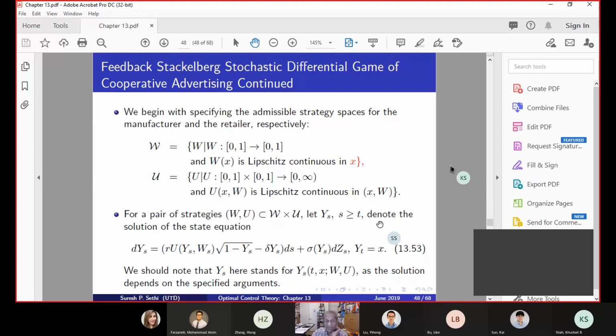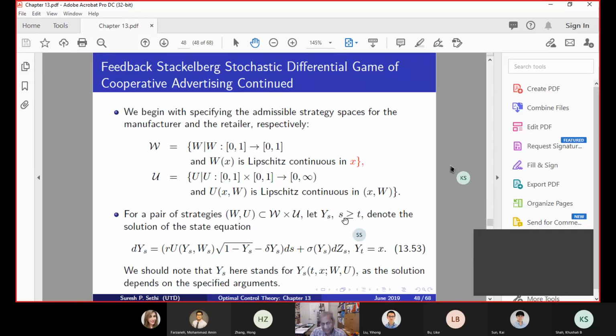Now we define a Stackelberg game. For a pair of strategies W, U, an element of script W times script U. Let Y(s), so I am at now t, because remember, it's going to be time consistent, so I have to go at any t, and it applies to any t.